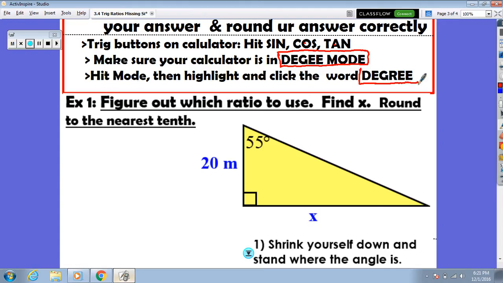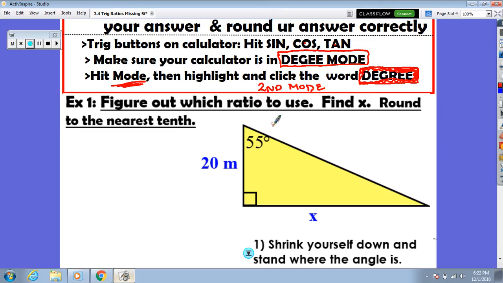So it should have a box around it like this, and it has to be colored in. Okay, so this is very important for you to remember, because on the day of your test, all of the calculators have to be reset, and that means you're going to have to go in here and make sure that you check your mode, make sure that degree is highlighted. Okay, remember to get out of here, we hit second and mode, and that will get me back to the regular calculator screen.